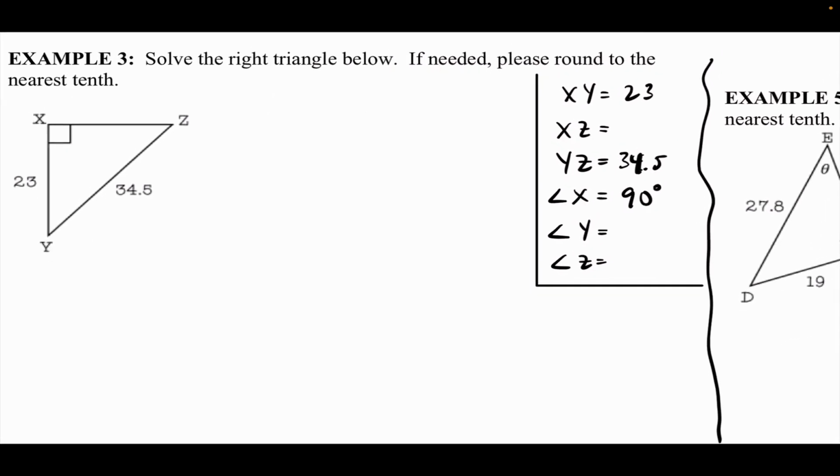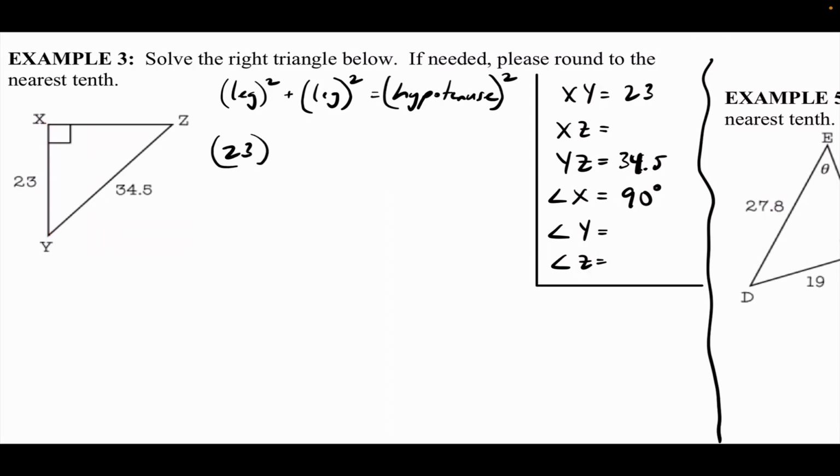So let's see. Leg squared plus leg squared equals hypotenuse squared. So 23, is 23 a leg or is it a hypotenuse? It's a leg because it makes up the 90 degrees, right? So I'm going to put 23 here. Do I know the other leg?